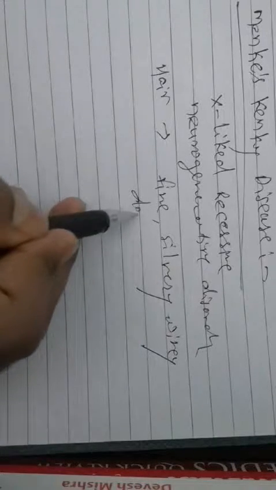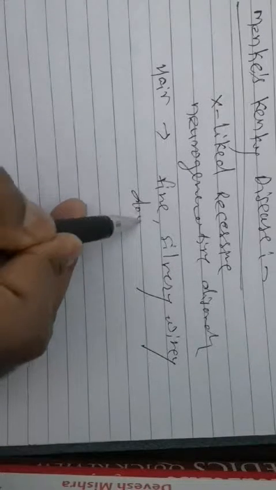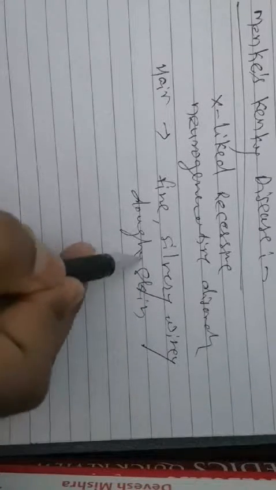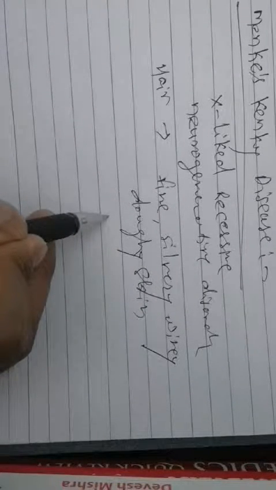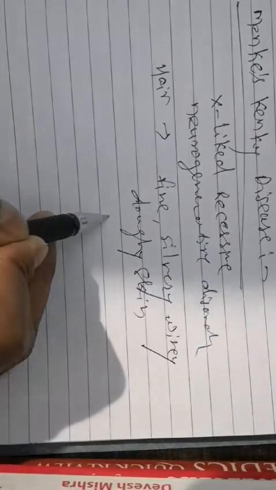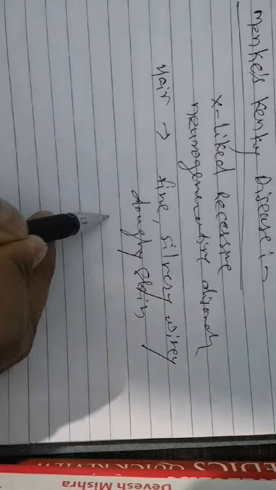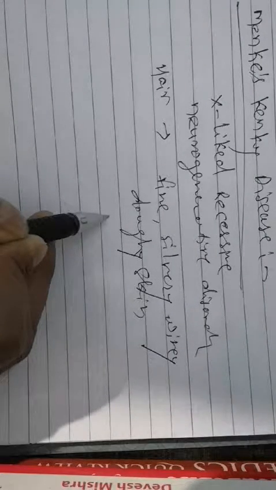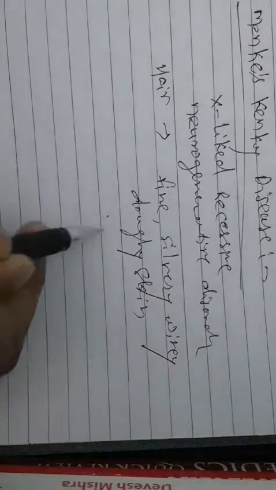There is a problem in the skin also. Skin is doughy skin. Connective tissue disturbances also happen, and progressive neurological deterioration can also happen.